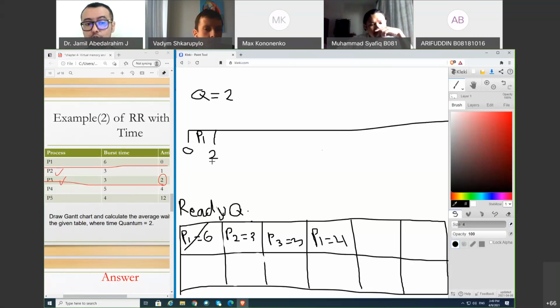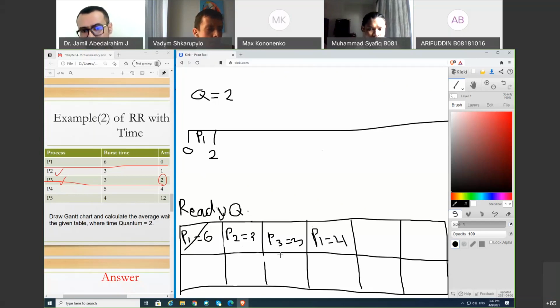At 2, we have two processes, P2 and P3. We write them down, then the remainder of the current process. These are all the steps we should do.